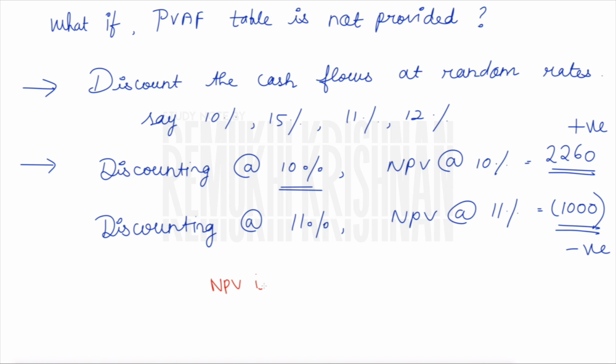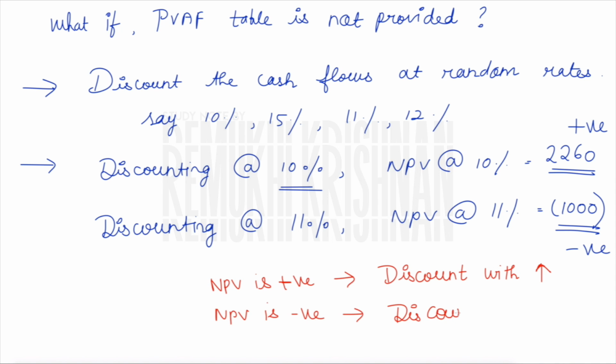So when the net present value is positive, I discount my cash flows at a higher discount rate. Similarly, suppose I discount the cash flows at 15 percent and arrive at a negative answer.